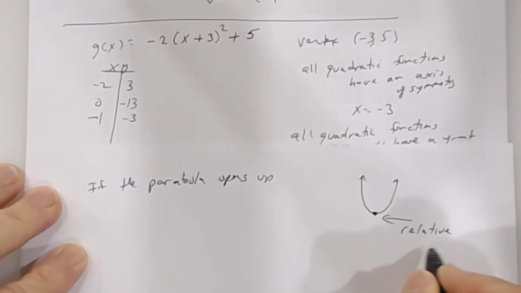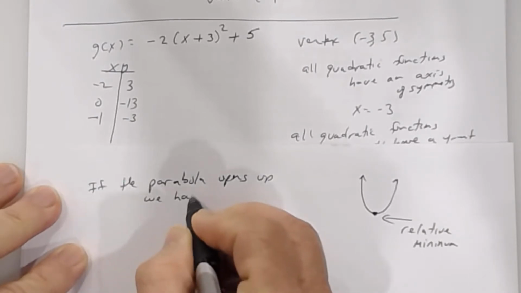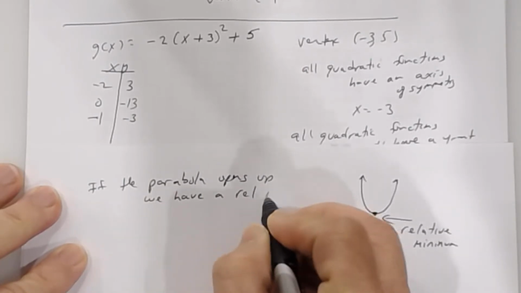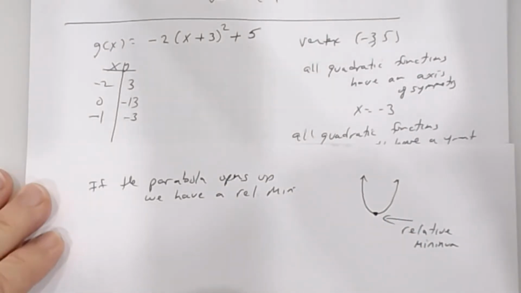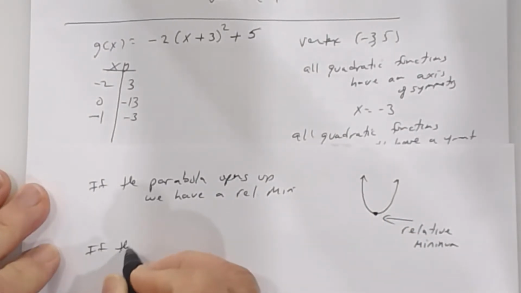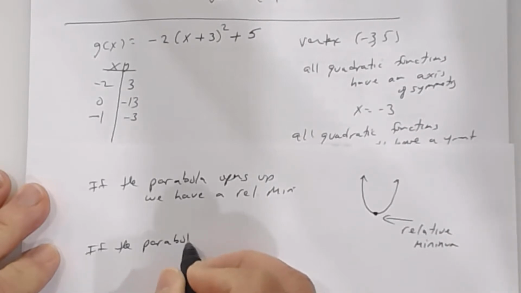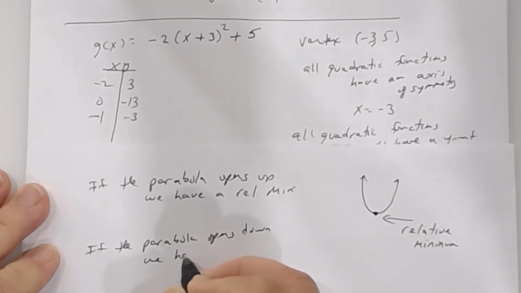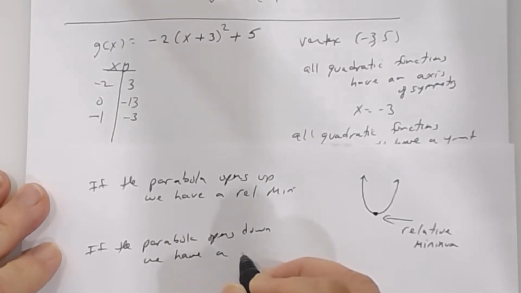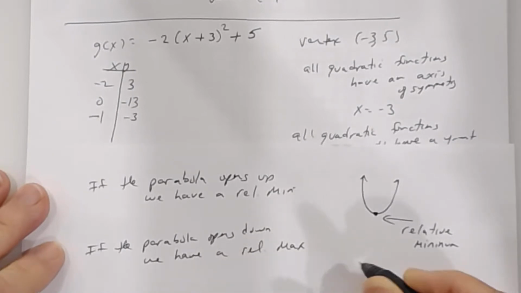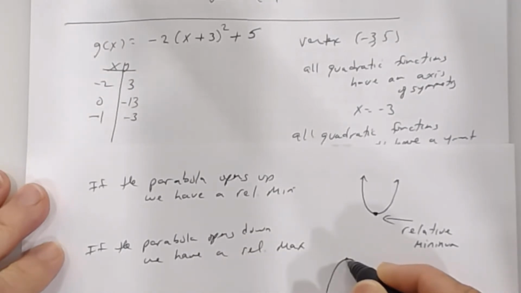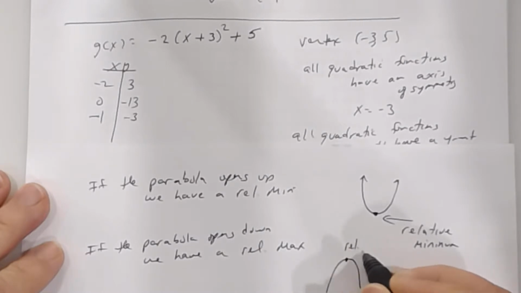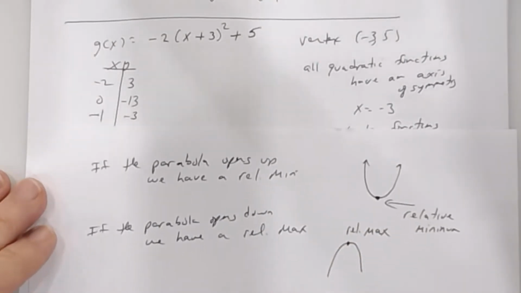Minimum. All right, so we have relative min. If the parabola opens down, we have a what? Relative max. That kind of makes sense because if it opens down, this is a high point, right? So it's a relative max.